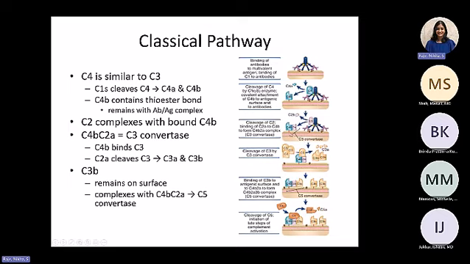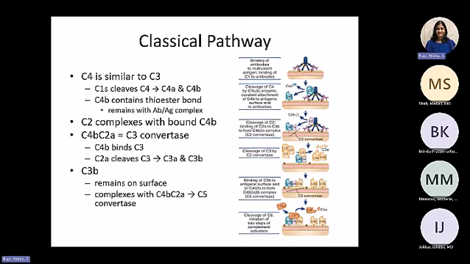Now this convertase means that it can cleave C3 molecules to C3a and C3b very, very efficiently. So there are multiple of those. One of those fragments can attach to this C3b bound to C4b and C2a, makes the C5 convertase, and C5 can now cleave C5 to C5a and C5b.